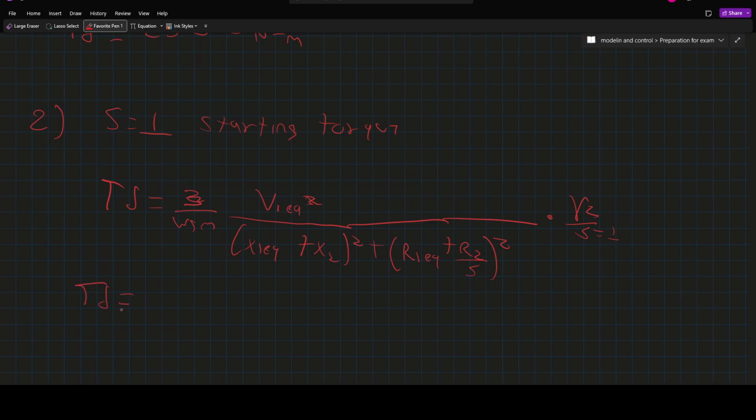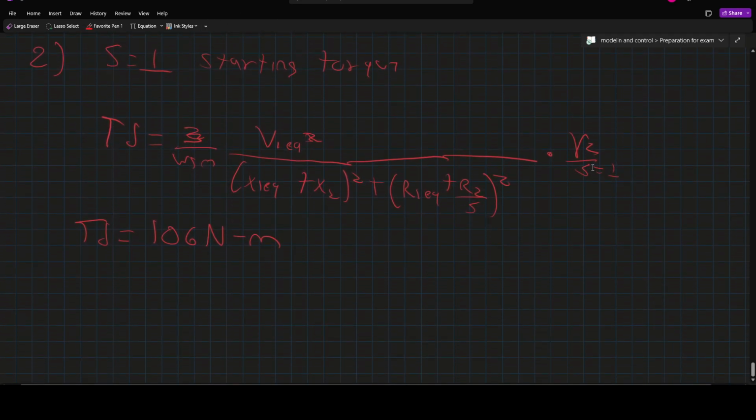So R2 is going to be 106. Again, I have the formula, so I just need to change the slip.